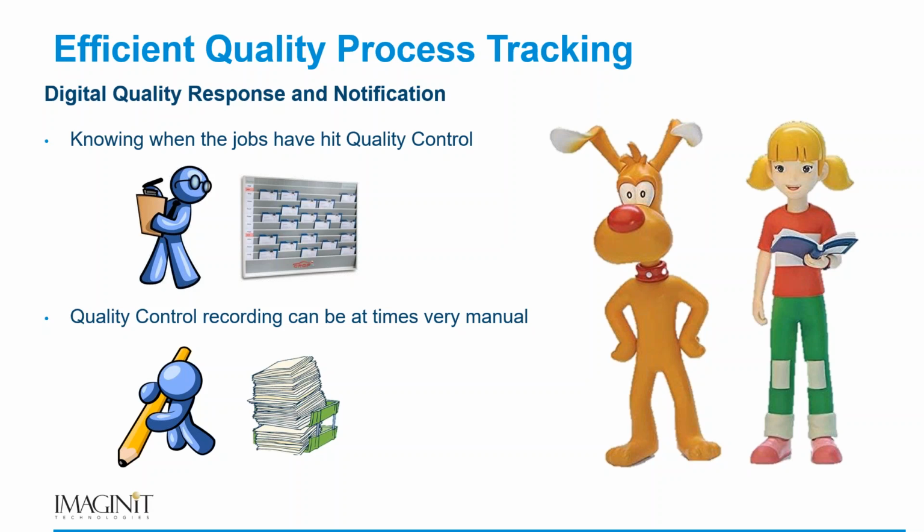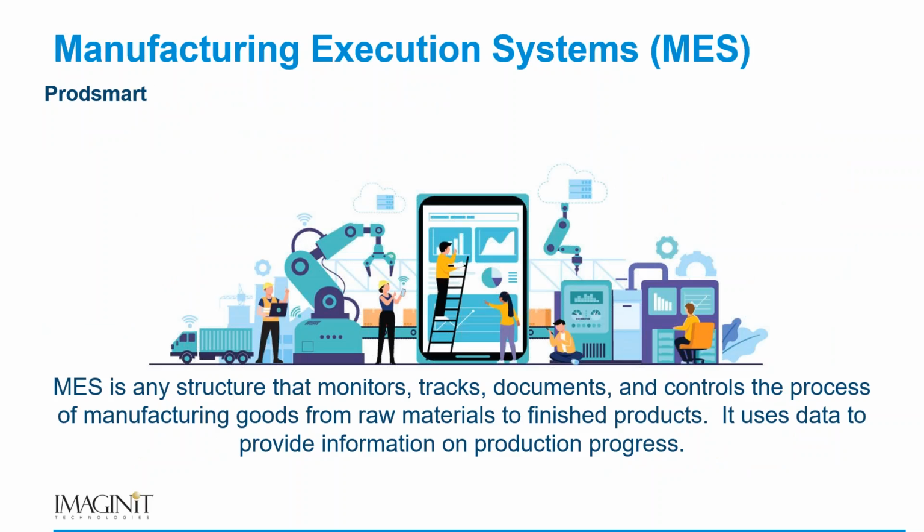Penny being our quality control person, Brain being our actual worker that's doing the tasks. Both of these people are very important towards quality assurance, making sure that practices are followed during the manufacturing process and things are being recorded once they have been completed. From a technology standpoint, we're going to be taking a look at Prodsmart, which is a manufacturing execution system.